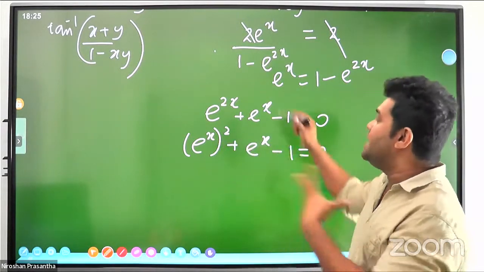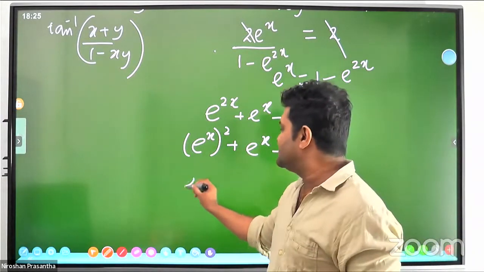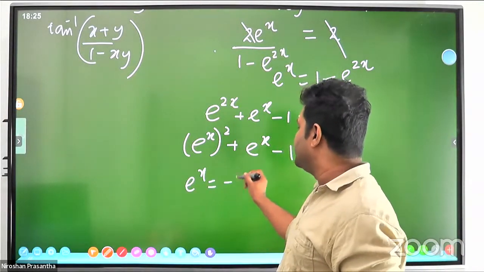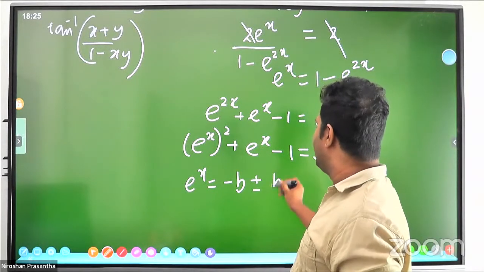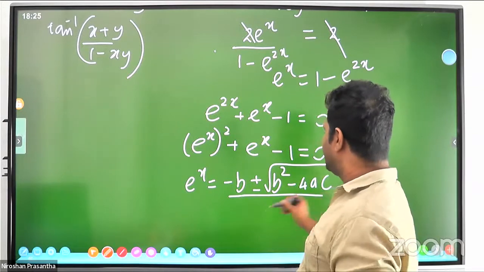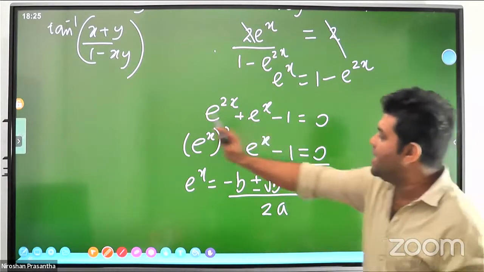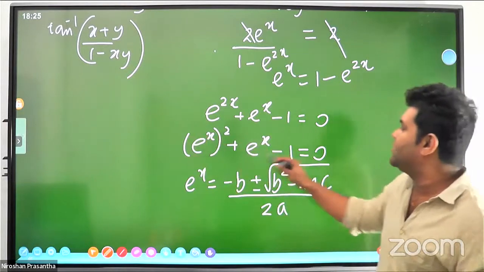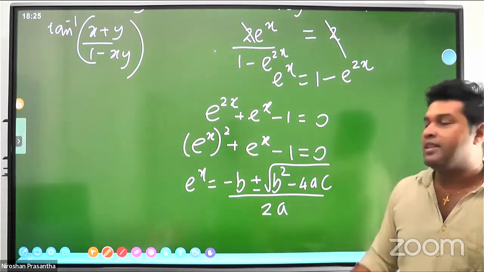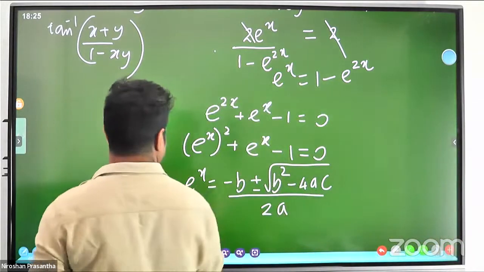Therefore e^x is minus b plus or minus the square root of b square minus 4ac, over 2a, is the concept to solve this, because this doesn't have factors. Here a is 1, b is 1, c is minus 1. You substitute, then you will have an answer for e^x.